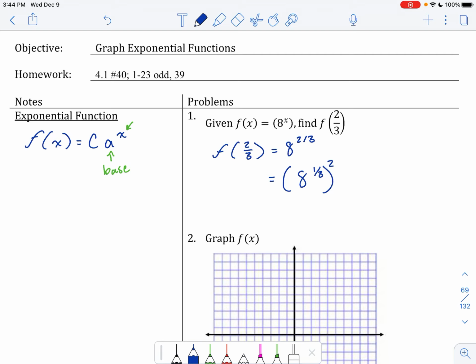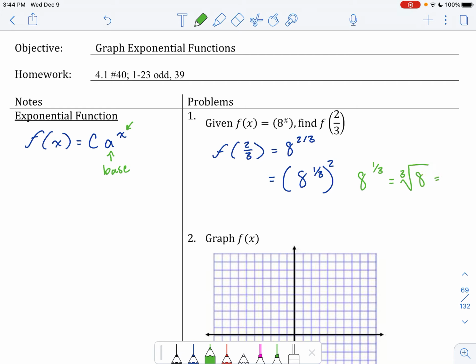So 2/3 is the same as 1/3 times 2. The reason I like to do this is that anything to the 1/3 is a cube root, to the 1/2 is a square root, to the 1/5 would be a fifth root. So this is the same as the cube root of 8.